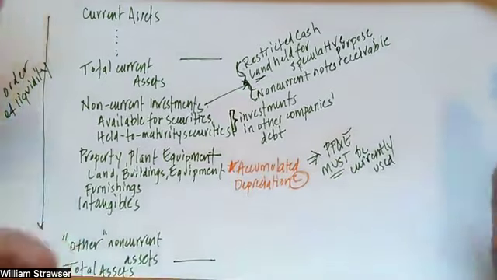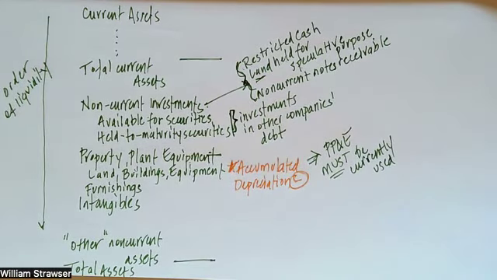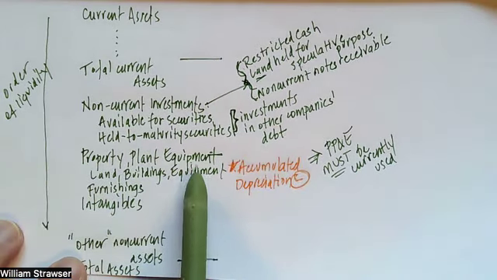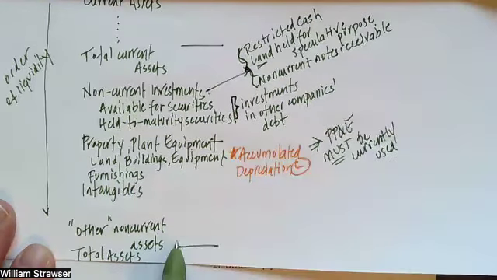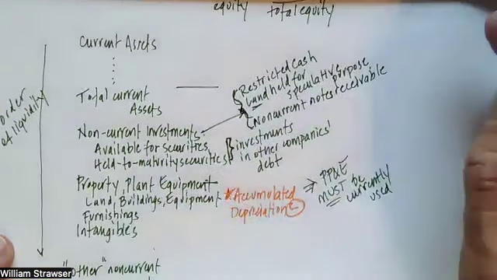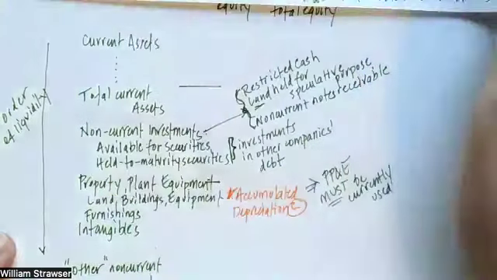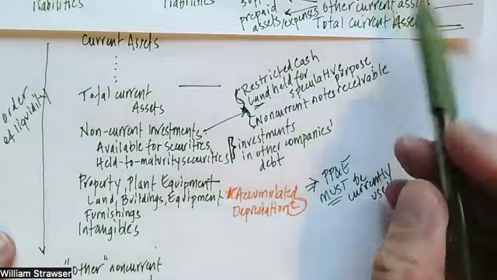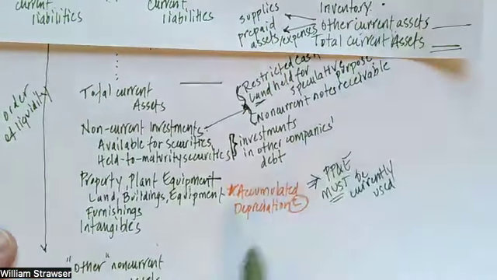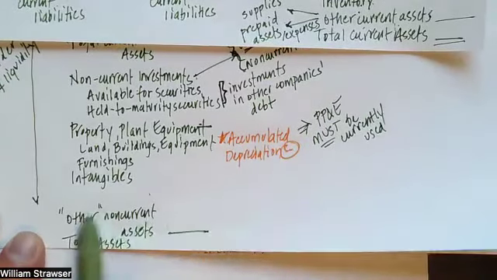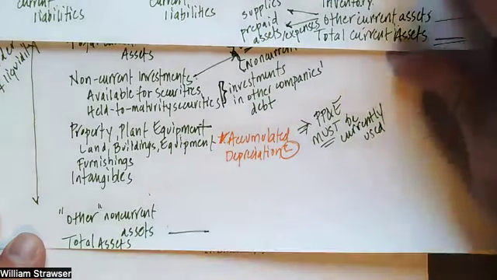If we have retired a piece of equipment, or a building or land, we're not using it anymore, it cannot be in property, plant, and equipment. It has to then move either to other non-current assets or other current assets, depending on whether we plan to sell it or not. If we're planning to sell it, then it becomes something we're going to liquidate within a year. If we're not planning on selling it or can't within a year, then it's an other non-current asset.